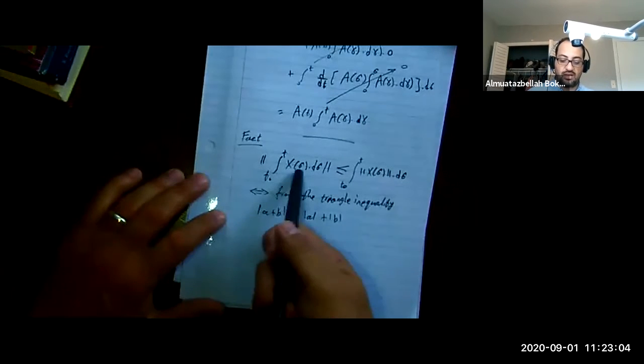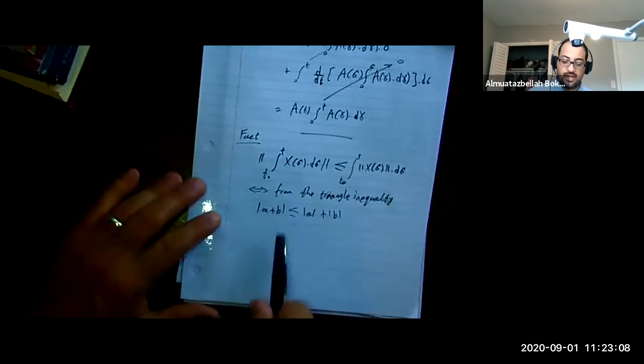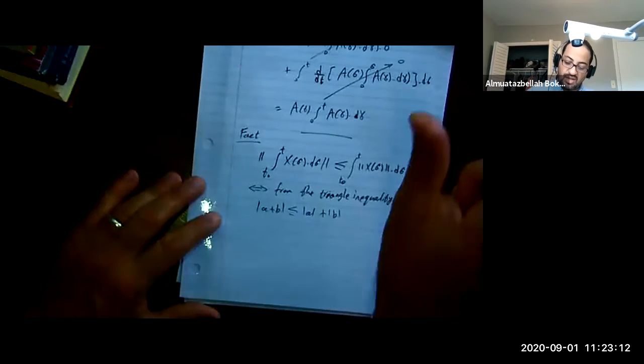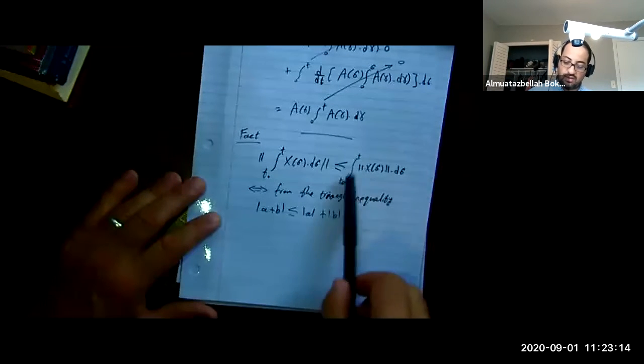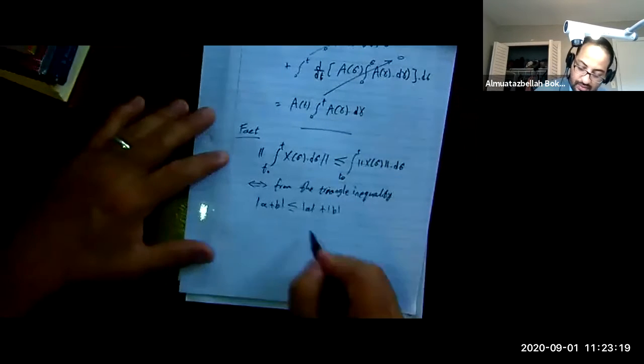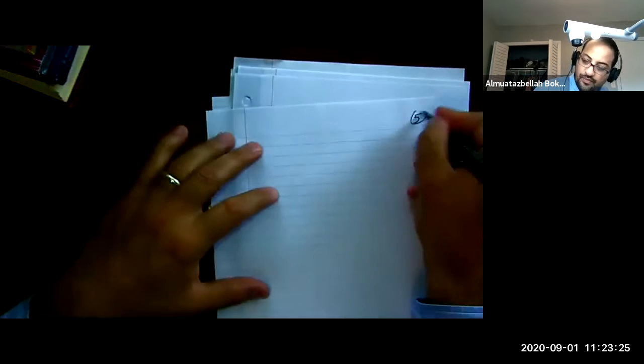So you are summing a lot of things. So it's the same thing as in here. And then this is less than or equal to the sum of the magnitudes of the individual elements. All right. So this is a quick fact. Let's continue.